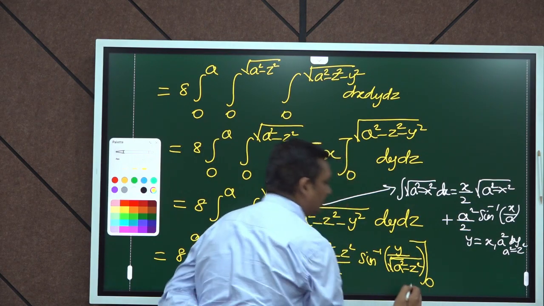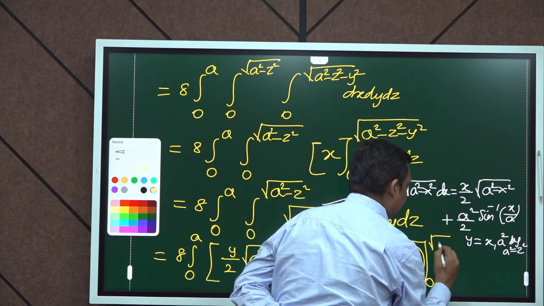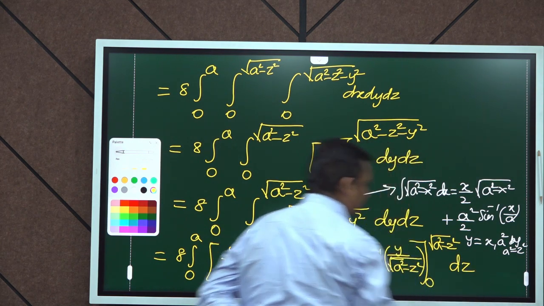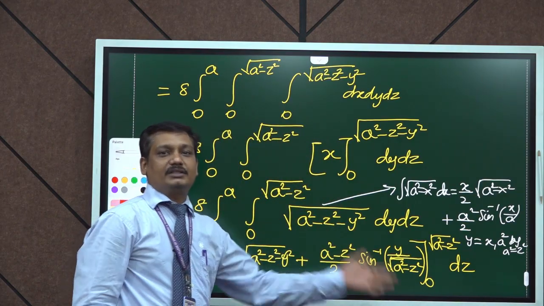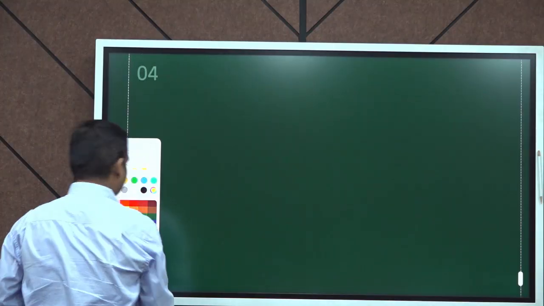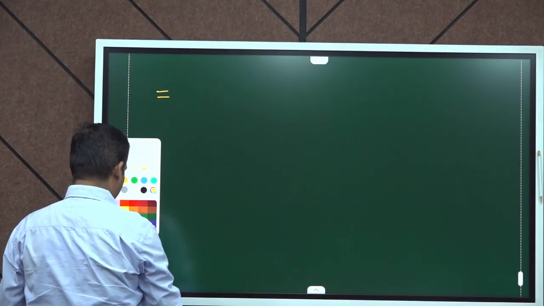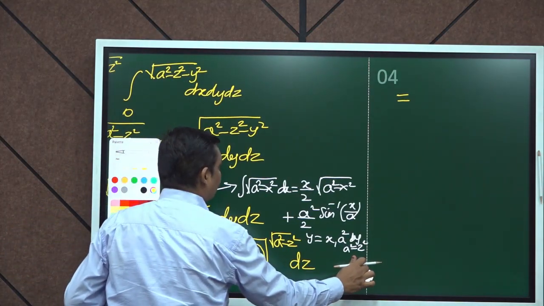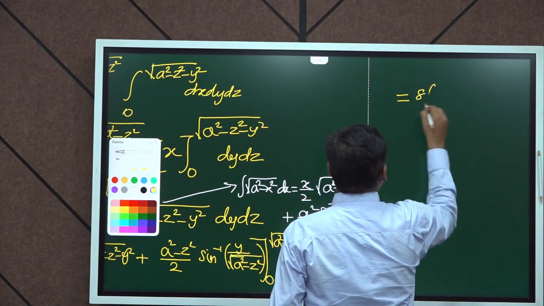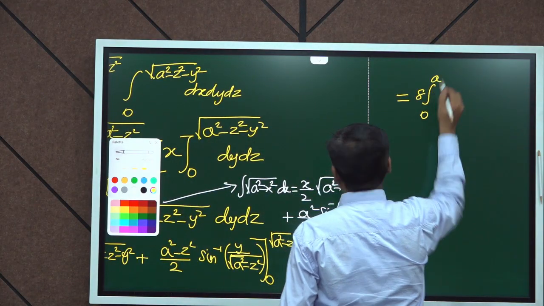Now applying upper limit as well as lower limit. So here the upper limit is root of a squared minus z squared and the lower limit is 0. So now substitute the result. Substitute the limit, 8 integral 0 to a.